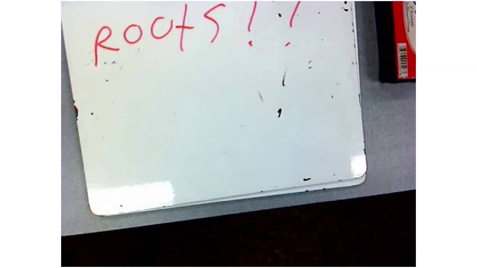So x cubed and the cube root of x are inverses. That's all that's saying. The table below shows the relationship between raising a number to a power and taking its nth root.